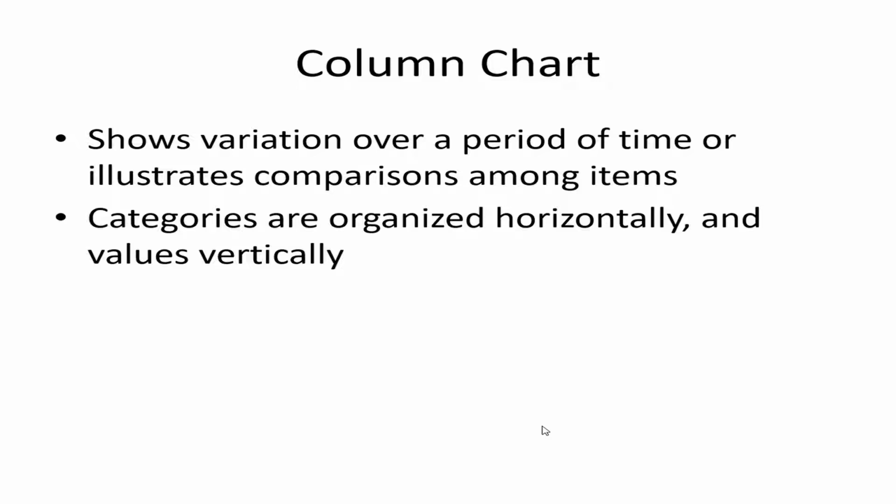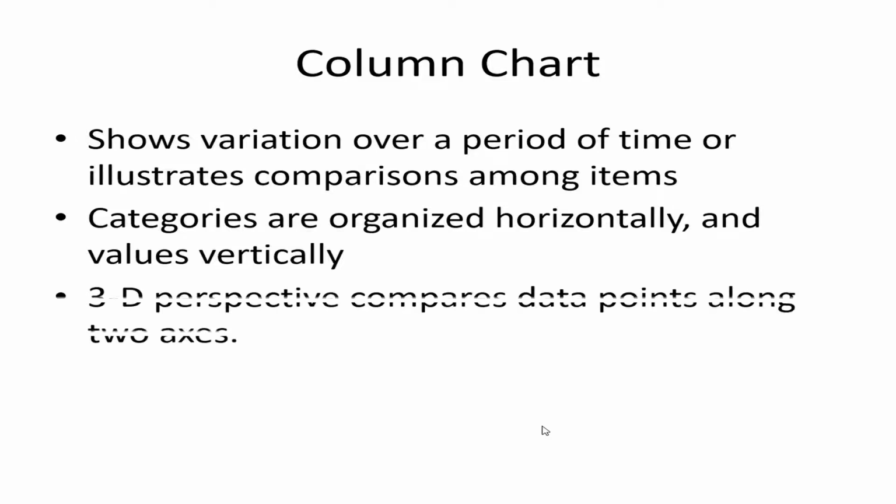Therefore, categories are on the x-axis and values are put on the vertical axis. One of the subtypes is 3D perspective, which compares data points along two axes, but it has a 3D perspective like you're going to see now.